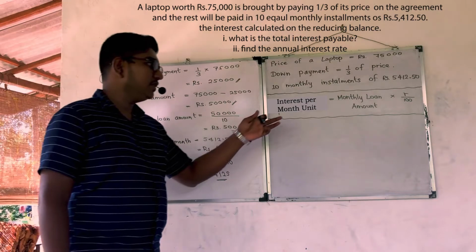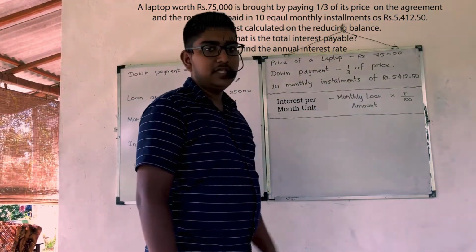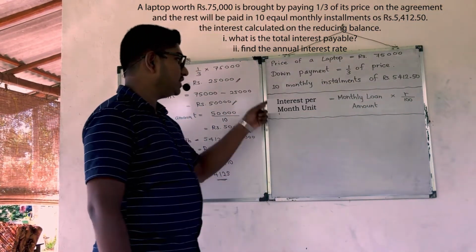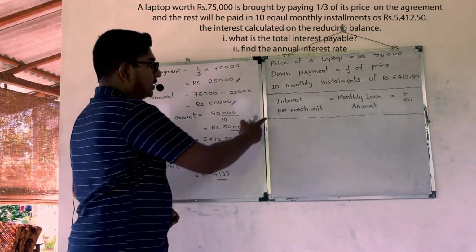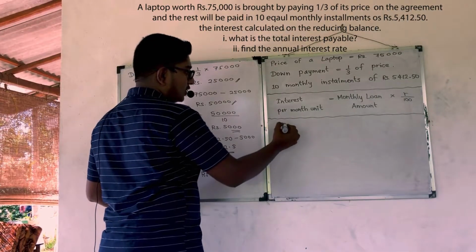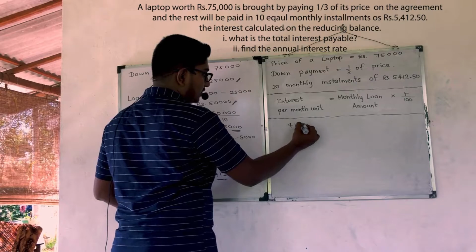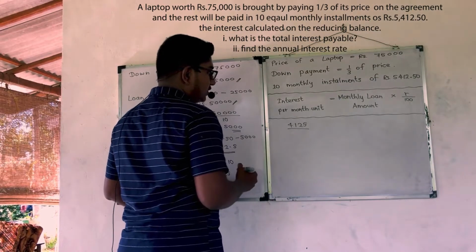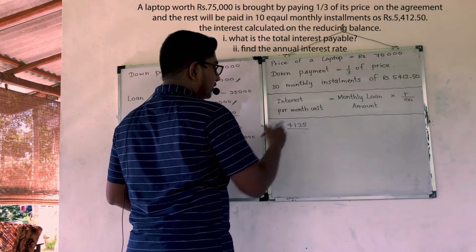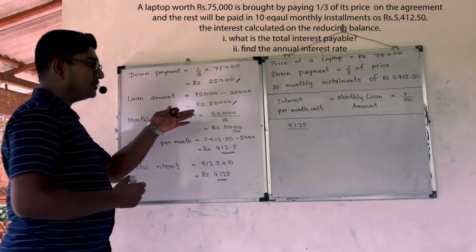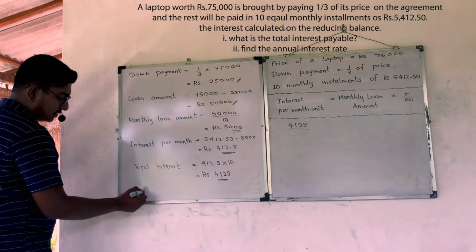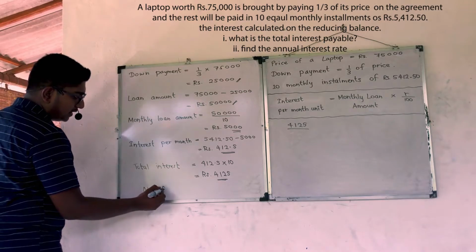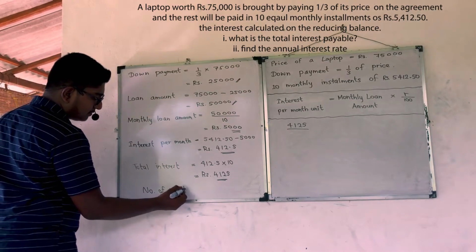Now, since we want to find the annual interest rate, we have to use this equation. Interest per month unit. Total interest is 4,125. To calculate for a month unit, we have to divide this value by number of month units. Before that, we have to calculate number of month units.